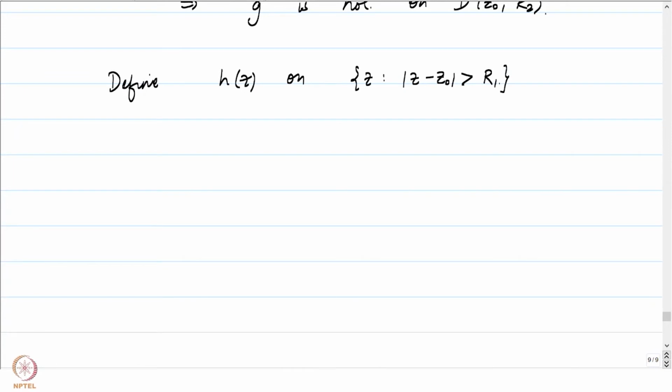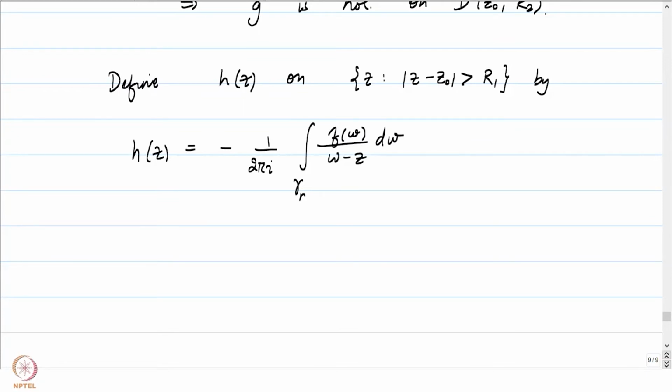On the region above we are going to define h of z to be equal to minus 1 by 2 pi i integral over gamma r, where gamma r is exactly as earlier, the circle of radius r around z naught, of f of w by w minus z dw.